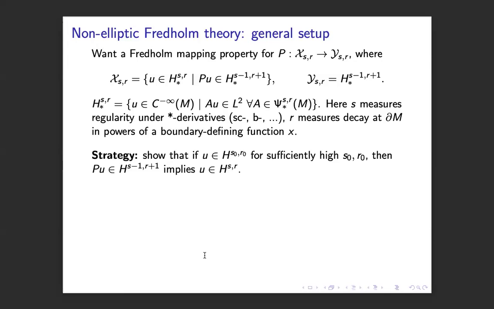Between these types of spaces, it's possible to show invertibility by piecing things together. Invertibility would mean that Pu in this space implies u in this space, but we will be able to show that assuming u is a priori in a good enough space.